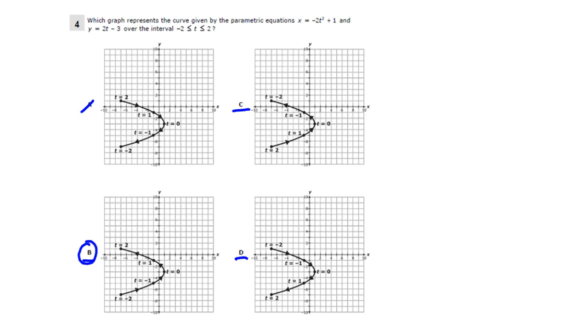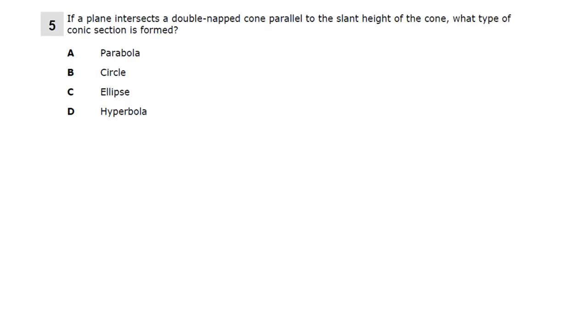Okay, next. Let's go to 5. If a plane intersects a double nap cone parallel to the slant height of a cone, what type of conic section is formed? Okay, what you have here is your cone. Your double nap cone looks something like this.